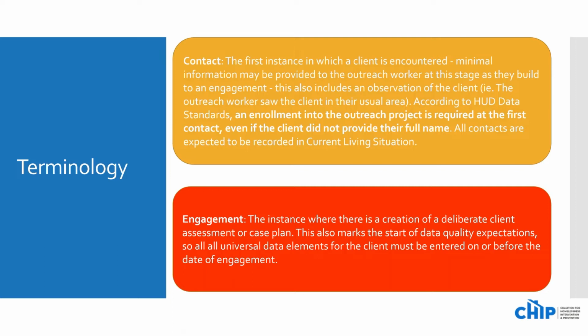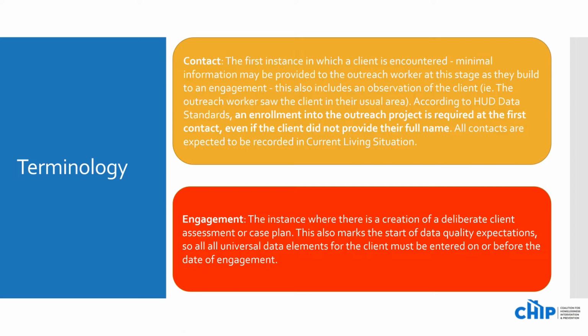And so when HUD is asking for a street outreach APR, they're looking to see how many clients you have engaged with. They care about how many you've contacted and how many you've enrolled that may have never fully engaged with you, but more so the engagement portion is when they say, all right, now we're going to treat this with the full data quality standards.